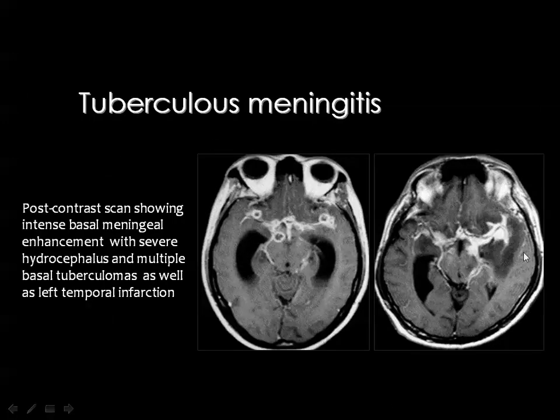Also here you can see typical basal meningitis due to TB because of the presence of multiple tuberculomata here. And you know that basal meningitis may result in vascular thrombosis, and this vascular thrombosis may result in ischemic changes around the area affected by meningitis.